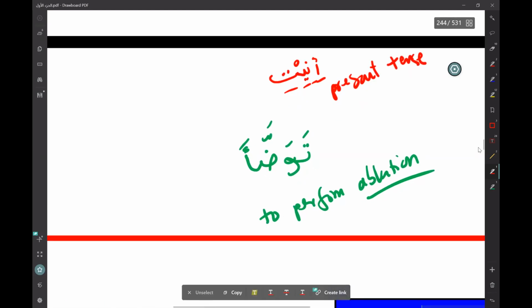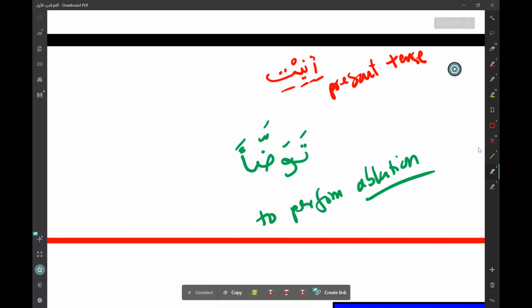But now if I tell you that this is a verb, and this information is in your head, and you see a ta, what would you think? You would think this is your present tense verb, right? So this is something we have to be aware of, because a past tense verb can also have ta.